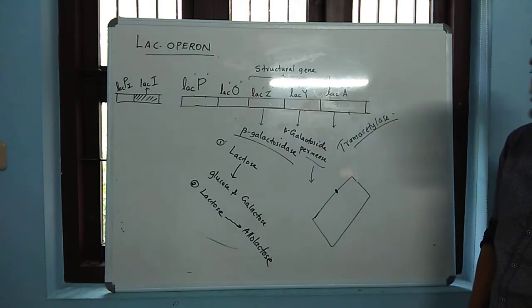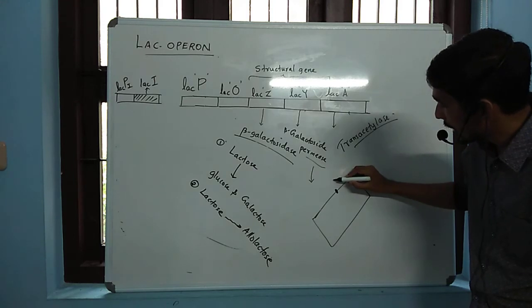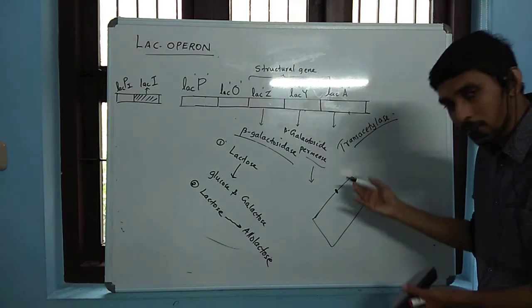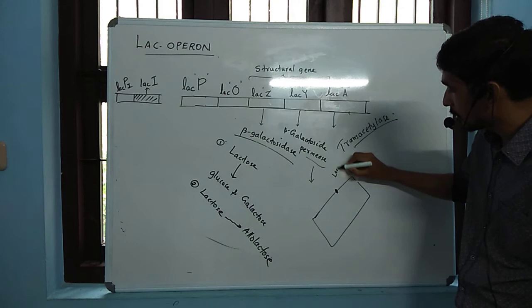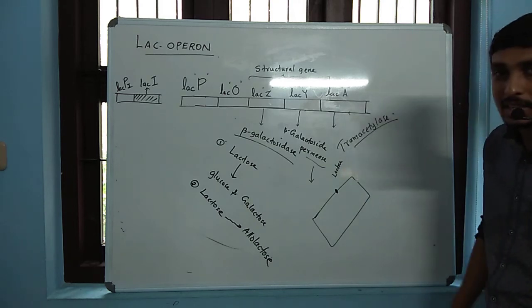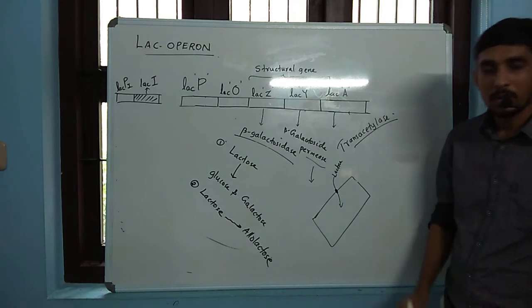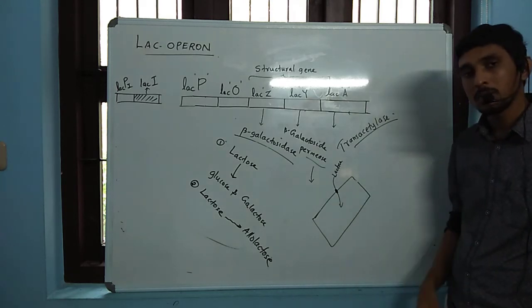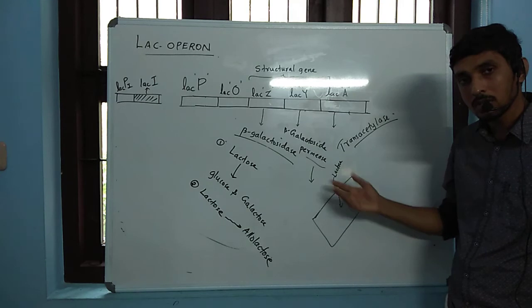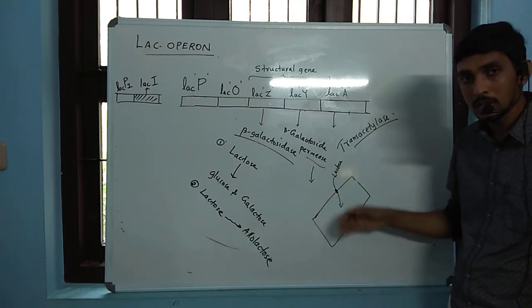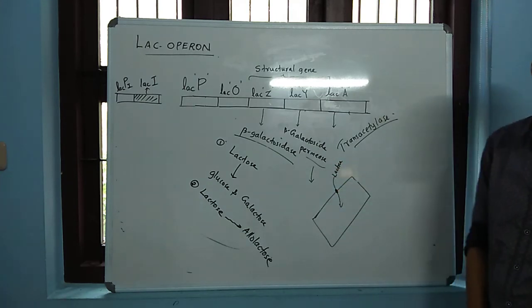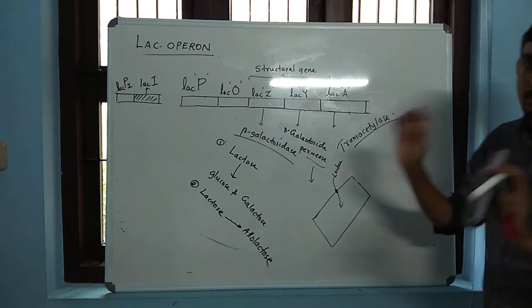It transports lactose present in the external medium of the bacteria into the bacterial cell. So the function of permease is to transport lactose from outside to inside the bacterial cell.